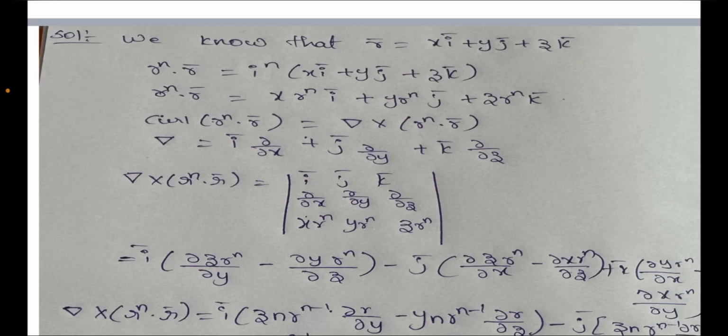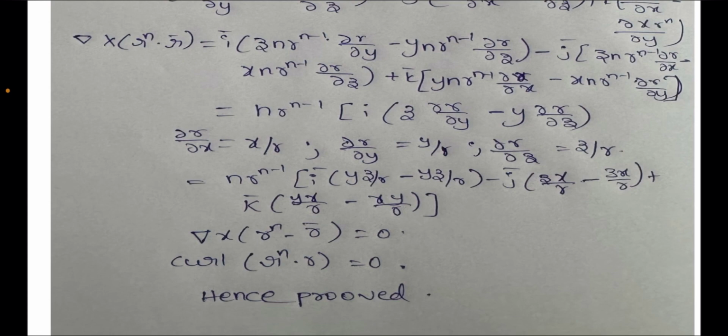That implies i bar into (dou z r power n by dou y minus dou y r power n by dou z) minus j bar into (dou z r power n by dou x minus dou x r power n by dou z) plus k bar into (dou y r power n by dou x minus dou x r power n by dou y).